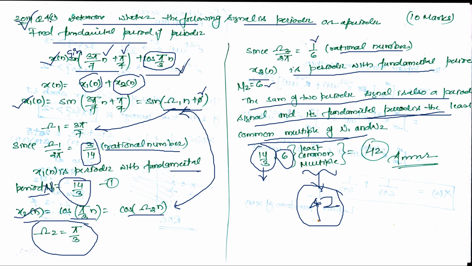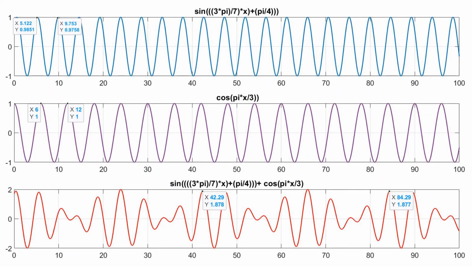I have verified this using MATLAB for your reference. So this is the first term, that is sin(3π/7 n + π/4). You can very well see that the fundamental period in this case comes out to be this portion. I am taking this point and this point. It is a complete cycle.